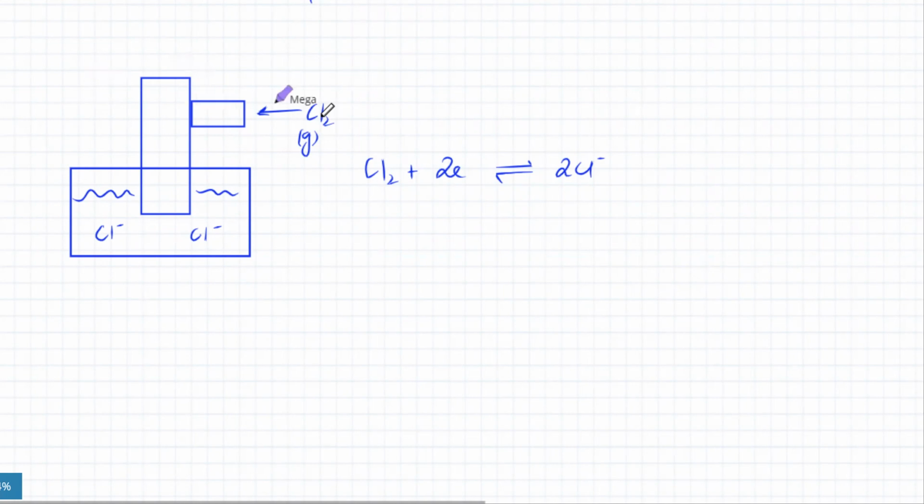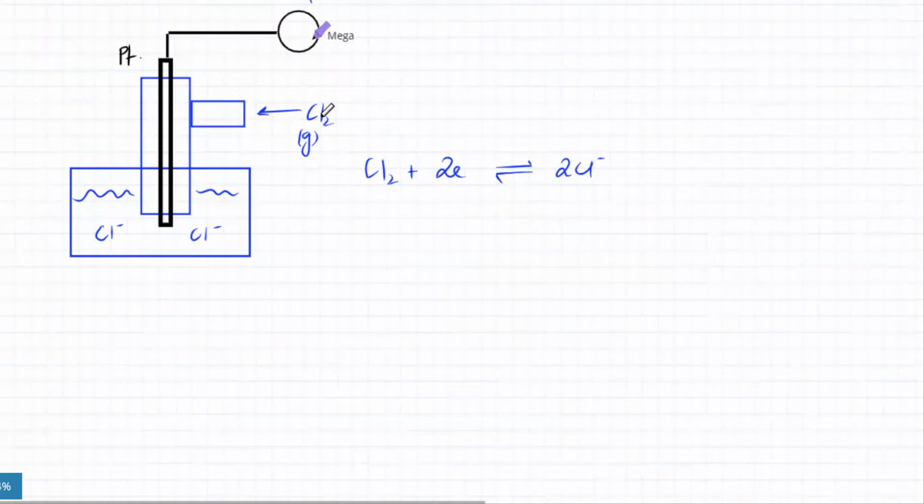So you're going to add a platinum electrode, which is an inert electrode. You'll take that metallic substance and connect it to a voltmeter, so you can also measure the potential on that metallic substance. And you'll connect it to a reference point.